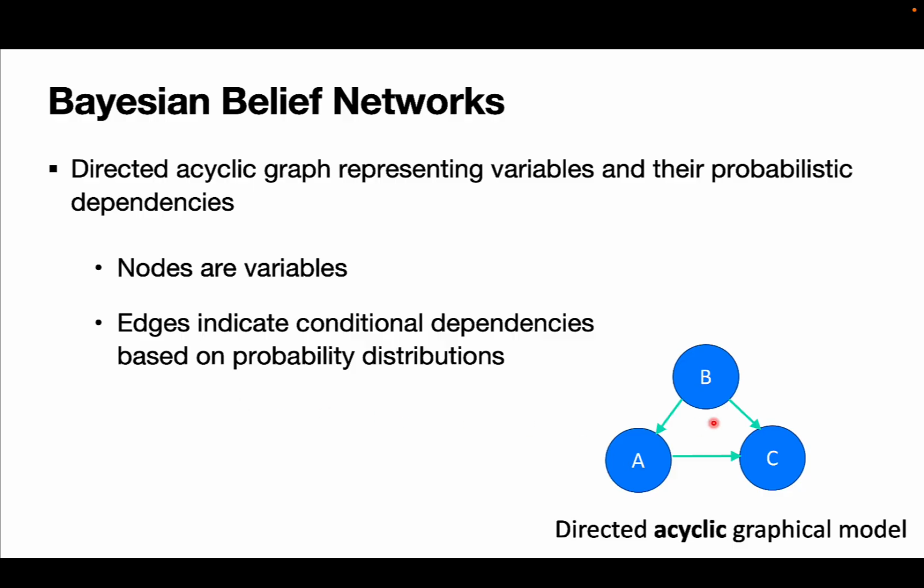For example, in this graph, B is independent, A depends on B, and C depends on both A and B. To compute the probability of an event, we use the chain rule to express the joint probability. For example, we start with B. Since it has no dependencies, we get a prior probability. Then we condition on A given B, and finally we condition on C given both A and B.